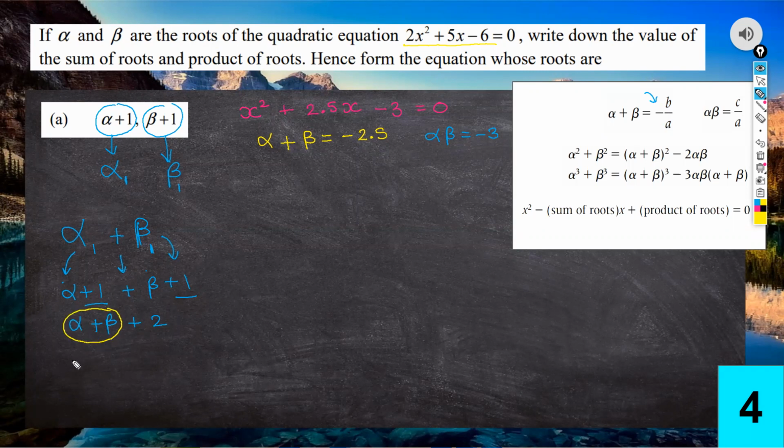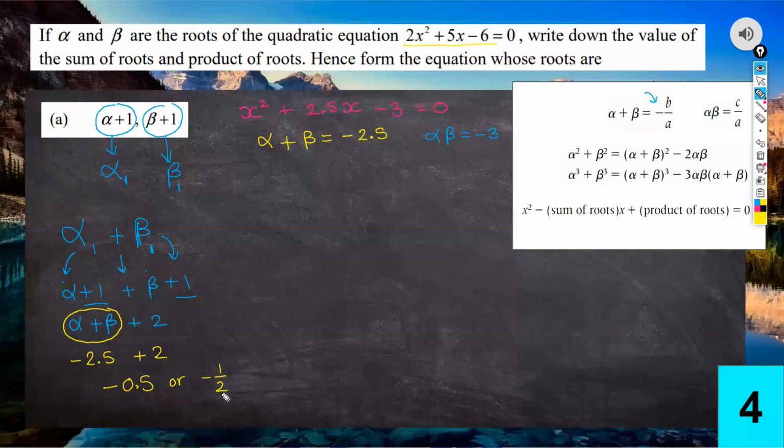So alpha plus beta is minus 2.5, and then we have to add 2. Now I can do this in my head, right? And we'll get minus 0.5 or minus a half. So we know who is going to touch x now, the opposite of this. So positive a half is going to touch what? The x.